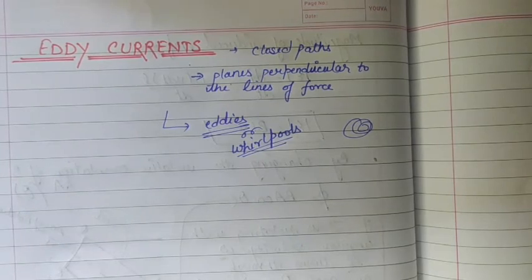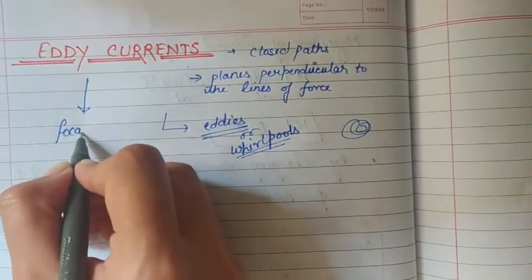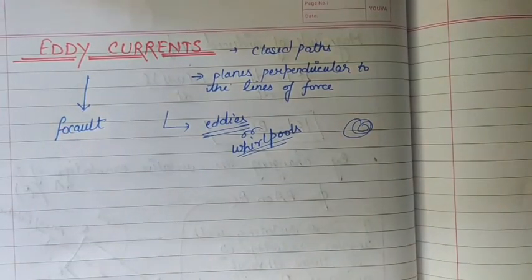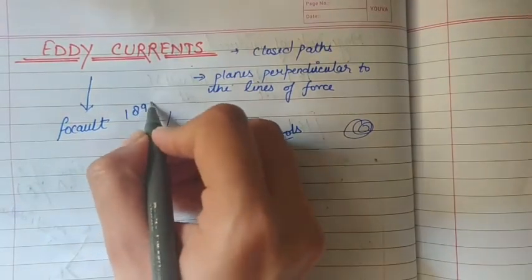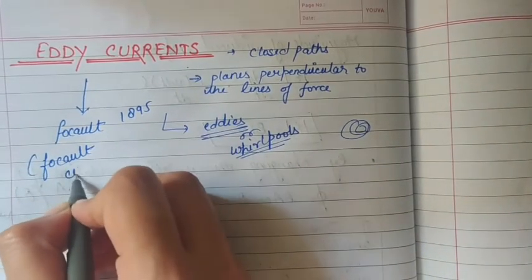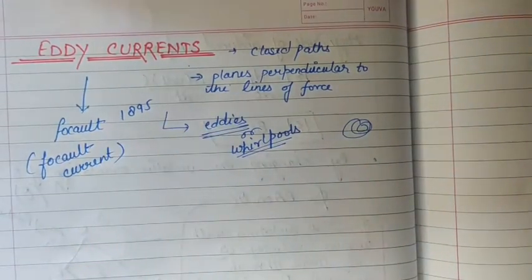Also, these were first discovered by Foucault in 1895. That's why they are also known as Foucault currents. So eddy current or Foucault current is the same thing.